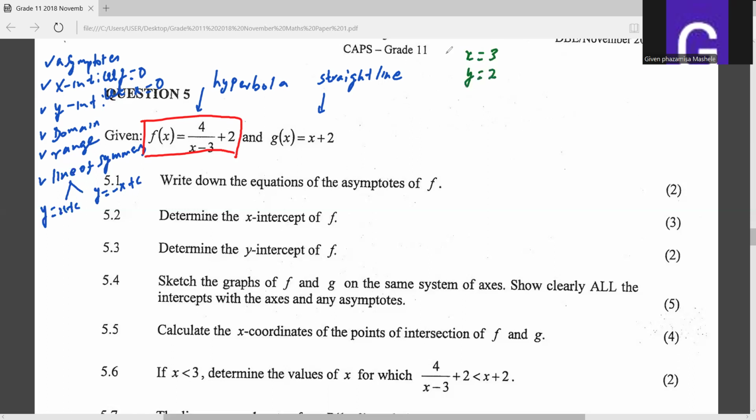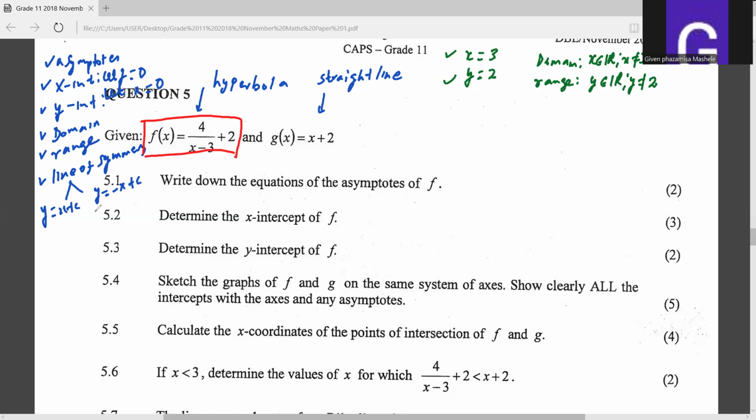I'm just analyzing for now. And if we were to talk about the domain for the hyperbola, it means to allow all values of x. So x is an element of the real numbers, but we restrict only the asymptote, which is 3. The same applies with the range: y is an element of real numbers, but y shouldn't be equal to 2.